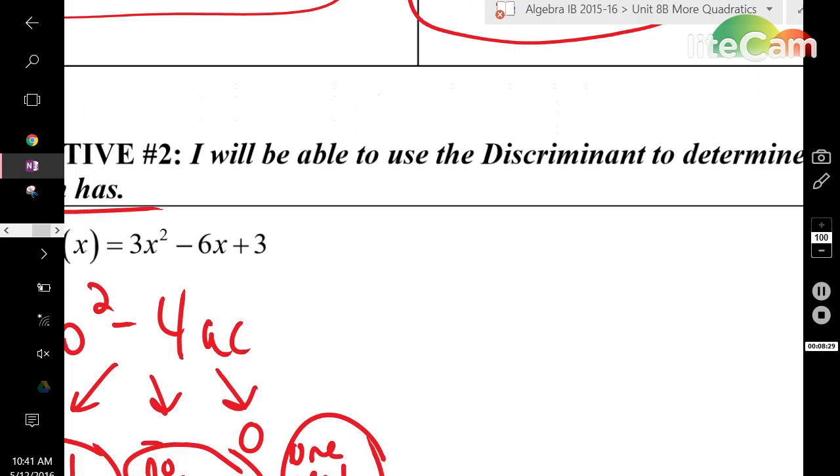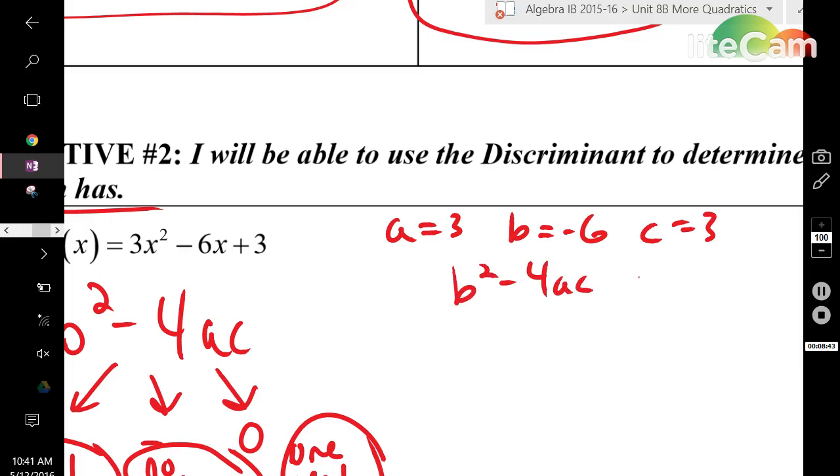So this one here, b squared minus 4ac, a is 3, b is negative 6, and c is 3. So b squared minus 4ac, the parts in the radical, you're going to do negative 6 in parentheses squared. It's very important you put those in parentheses, like I said before.